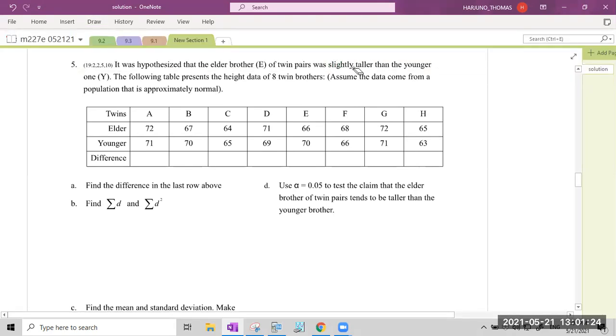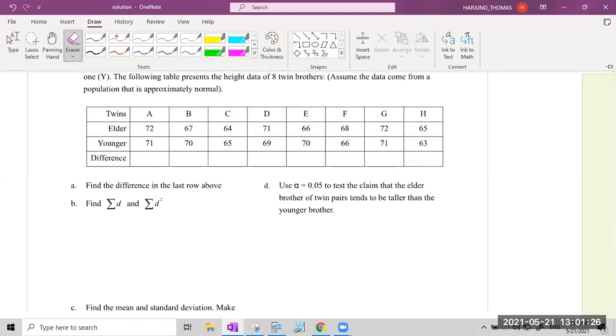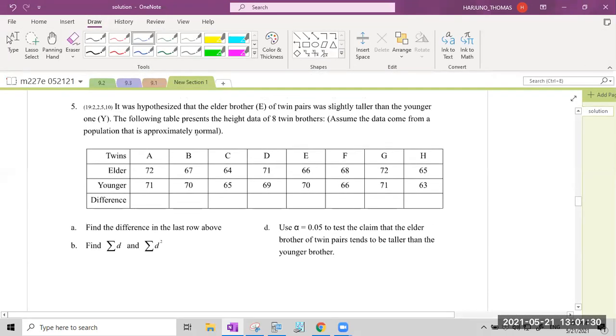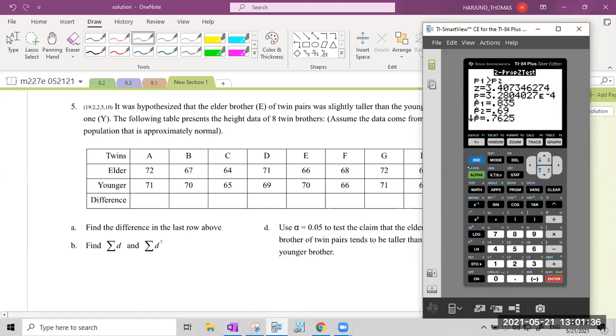Well, anyway, let's see. Find the difference in the last row above. Let me just go ahead using calculator, where I will punch in all the numbers. Let me see. Only list 1 is occupied. So stats, clear list 1.